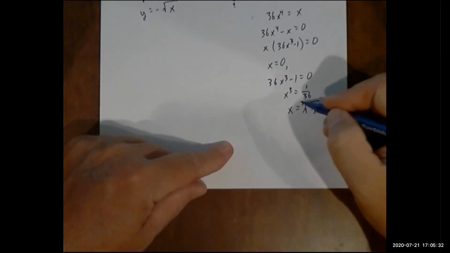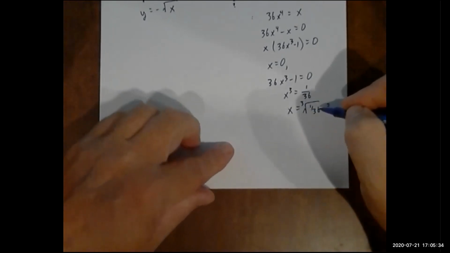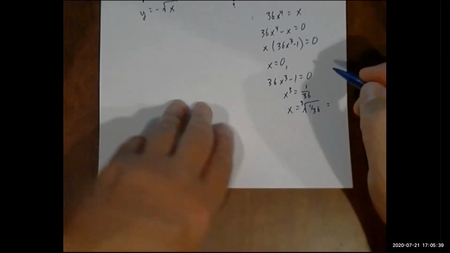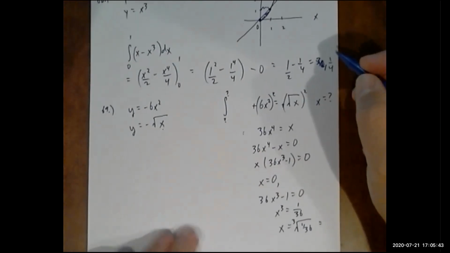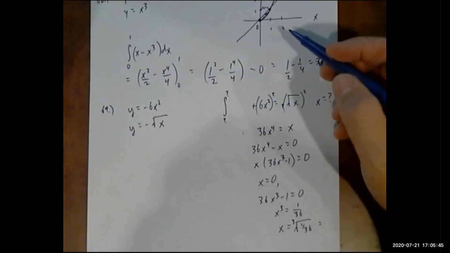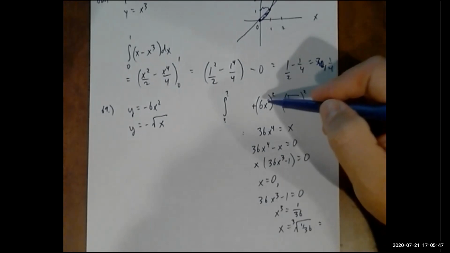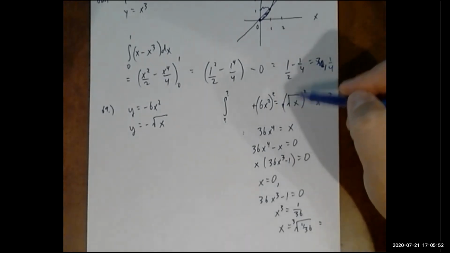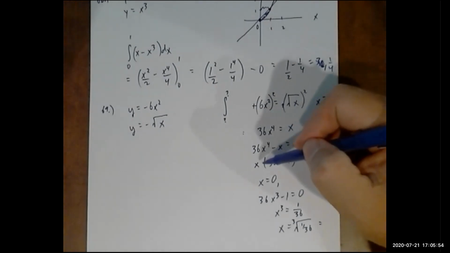Now, unfortunately, the cube root of 36 is not a nice number. So that means I'm going to go back and make sure I didn't make any mistakes. So 6x squared equals x. Factor out an x.